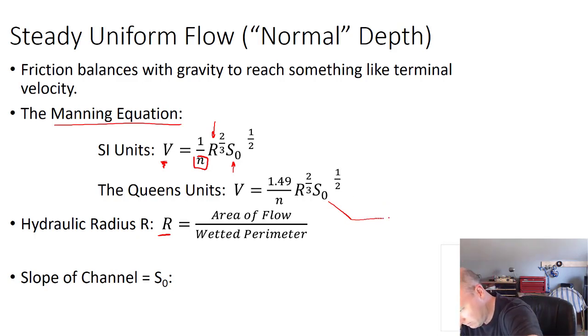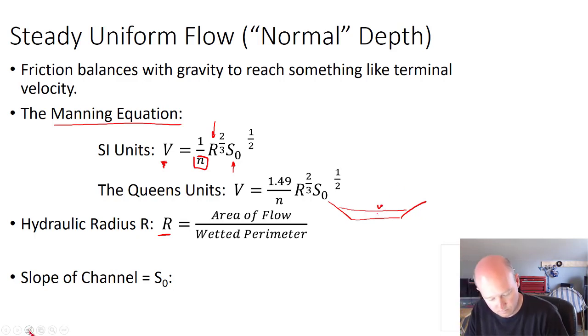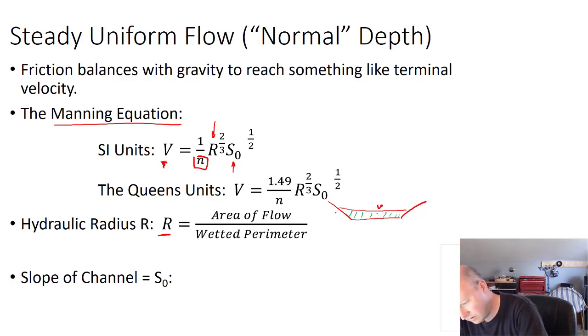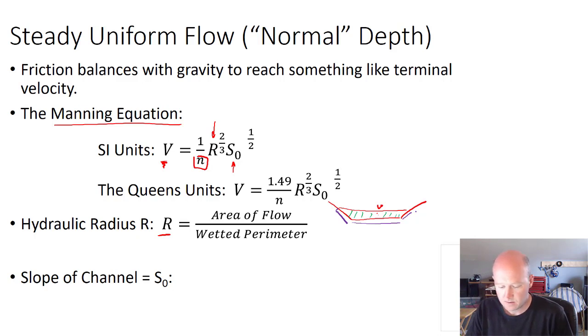And so if we have a channel that looks like this, this section's the area, and this section is a length that we would describe as the wetted perimeter. So it ends up being a unit of length. And then we need the bottom slope of the channel.